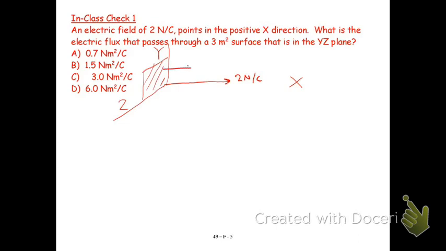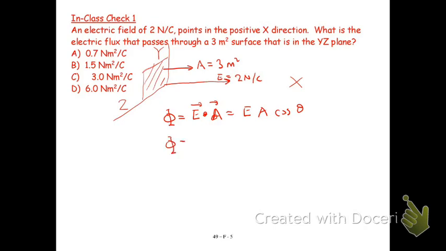My area vector is in that direction, so I'm going to call that A, which equals 3 meters squared. And this is my E. So I can say flux is equal to E dotted with A, which equals, if you like, E, A, cosine the angle between them.